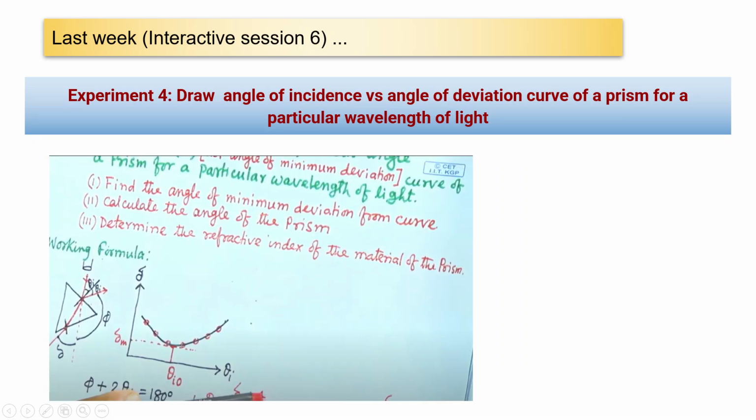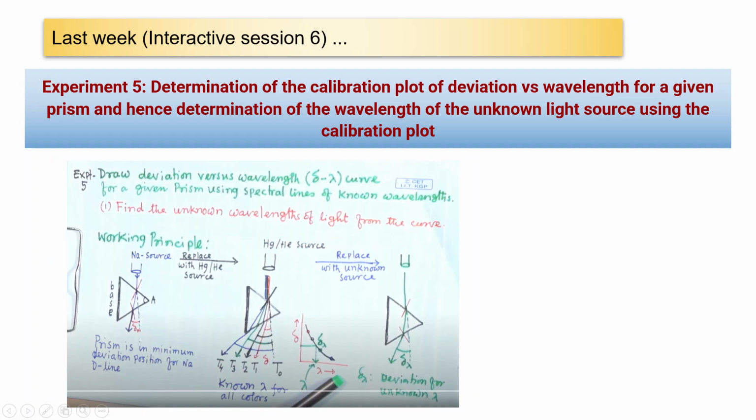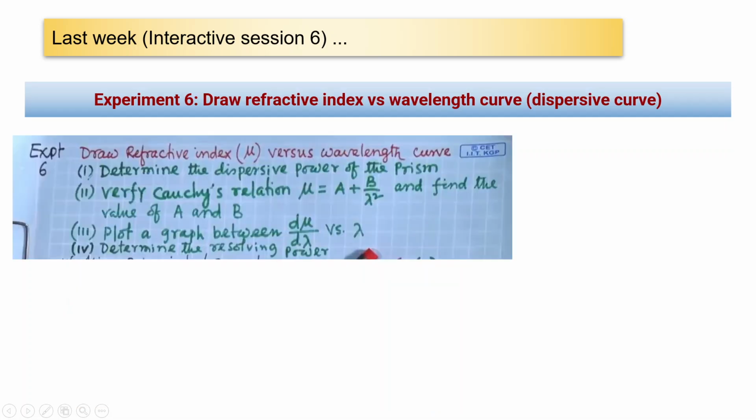Depending on different incidence angles, we get different angles of deviation, and the angle of minimum deviation is when the incidence angle is equal to the emergence angle. So this was another experiment, and based on this we can calibrate a prism so that, depending on how much deviation we get, we can find out the wavelength of an unknown light. That was the intention of this experiment 5.